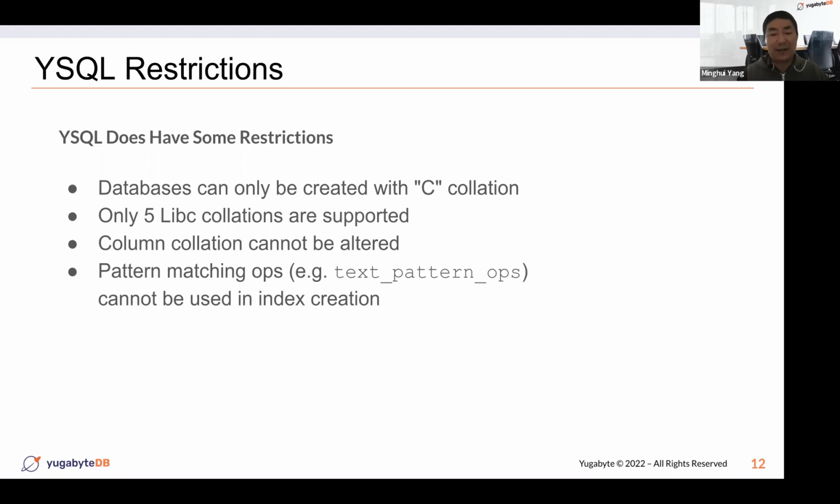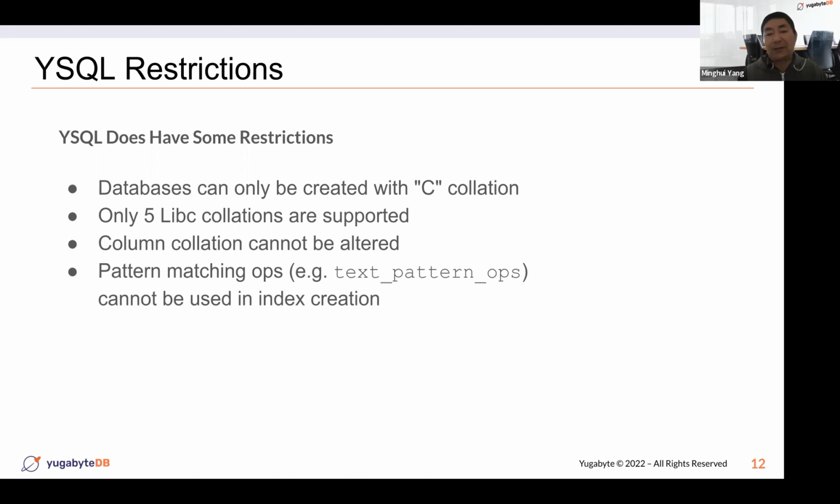And secondly, we don't promote libc collation, since inside libc there's only C or POSIX, only a few. So that makes creating a database with a non-C collation less useful.